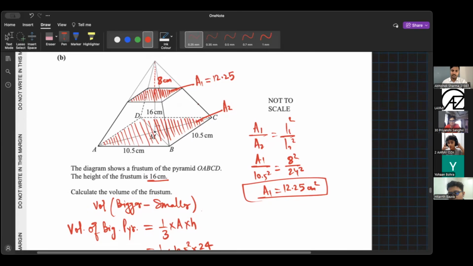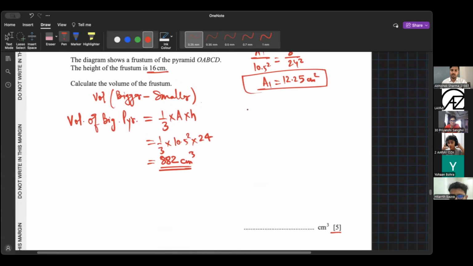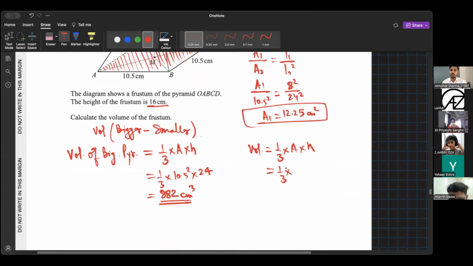We figured out the area because ultimately we are going to use the area in the formula, since the formula for the volume is 1 upon 3 into base area into height. So ultimately that 3.5 we anyways have to square and multiply. So 1 upon 3 into the base area, which is 12.25, multiplied by height, that is 8. So what's the volume? 12.25 into 8 divided by 3 is 32.67, right? Yes.